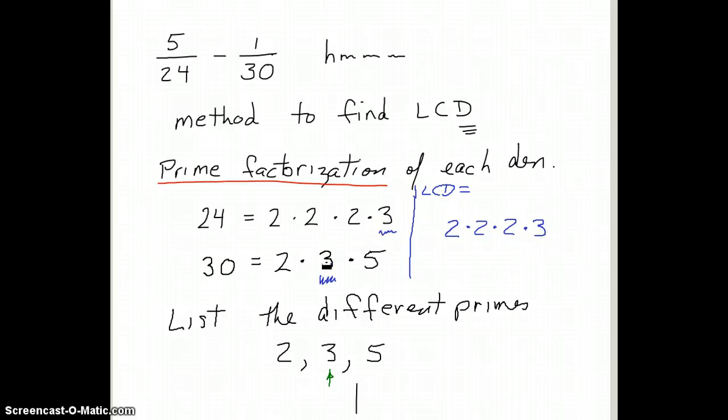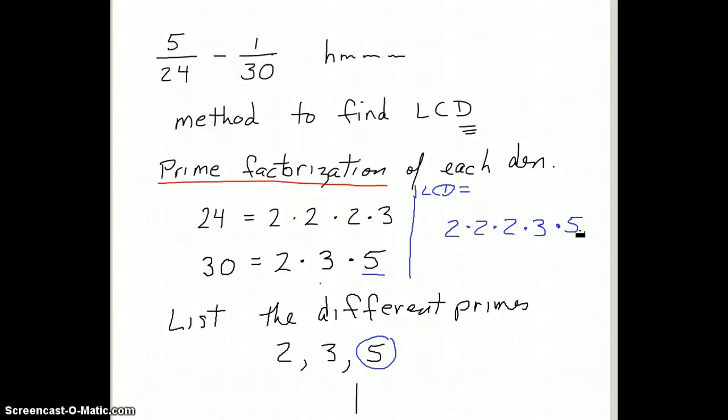Even though it occurs twice in all of them, I only want the most times it occurs in any one denominator. Next we'll look at 5. Well, there is no 5 in 24, so it occurs 0 times. But it occurs once in 30. So the most times it occurs in any denominator is once. So I'll take it once.